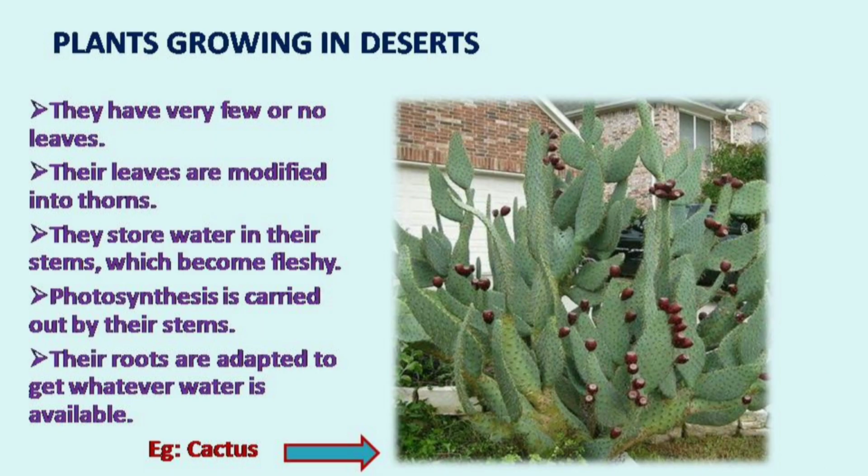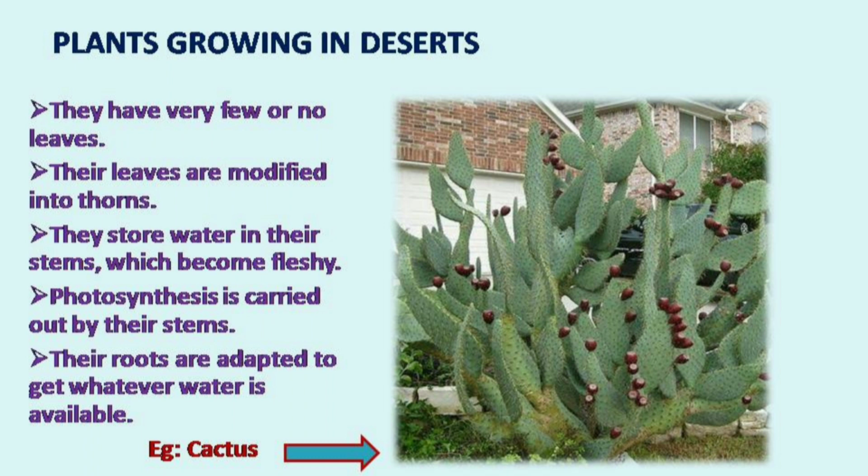Plants growing in deserts. They have very few or no leaves. Their leaves are modified into thorns. They store water in their stem, which becomes fleshy. Photosynthesis is carried out by their stems. Their roots are adapted to get whatever water is available.